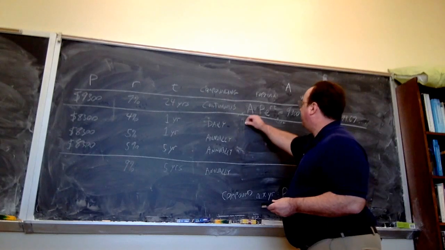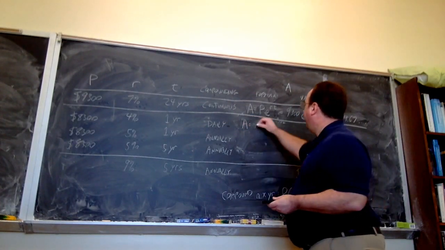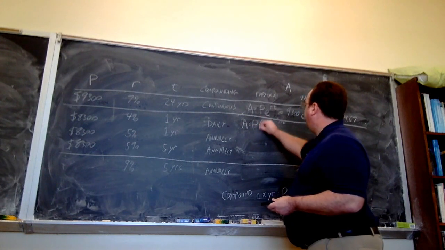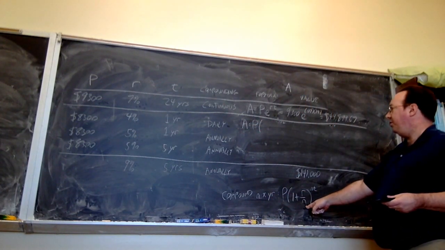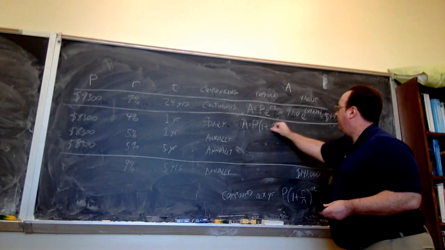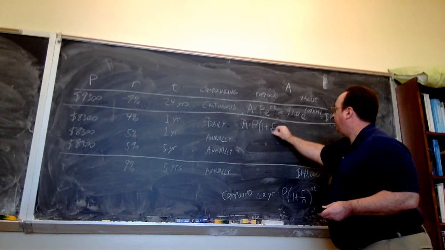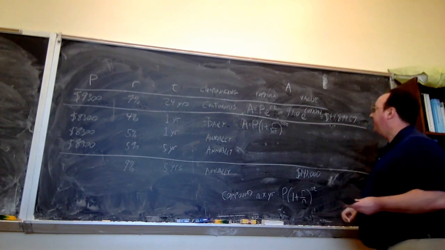So for the first case, compounding daily, we're going to assume a 365-day year. So we have our principal, and then we use this formula down here with n equal to 365. So for daily, I'm going to have 1 plus r, the rate of interest, over 365, raised to the 365t power.